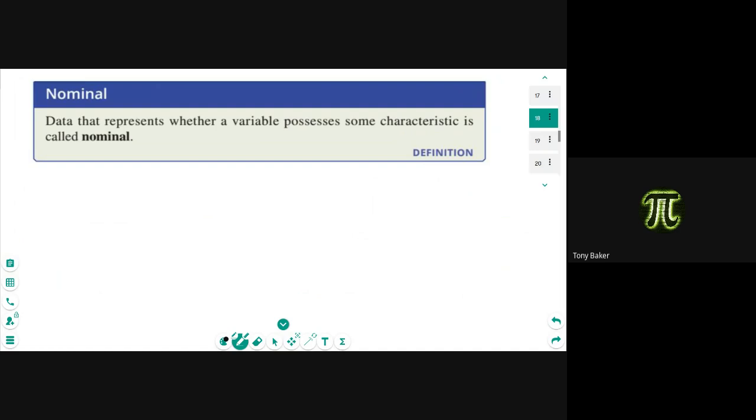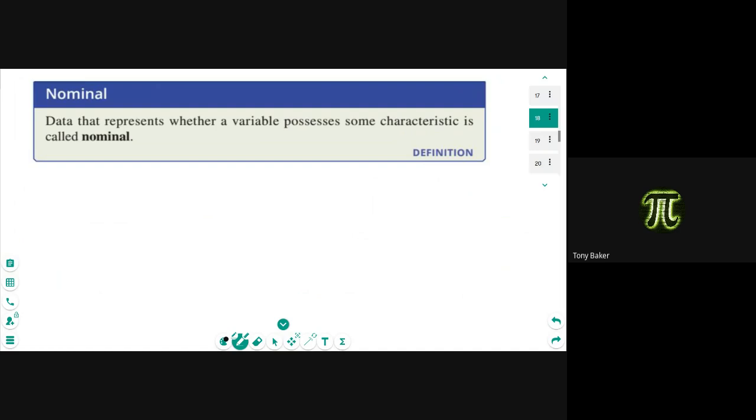No, a number could possibly be in here, but anything that is not a number is guaranteed to be in here. So the color of your eyes is nominal. Your name, nominal. Your occupation, nominal. Because none of those are numbers. So if it's not a number, it is guaranteed to be nominal. Straight off, it's nominal.